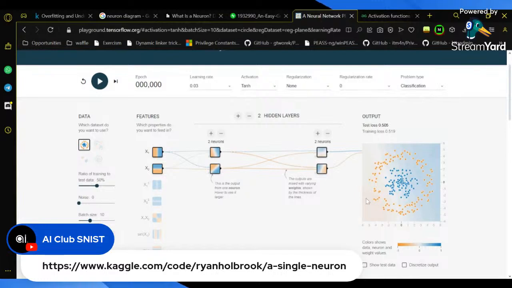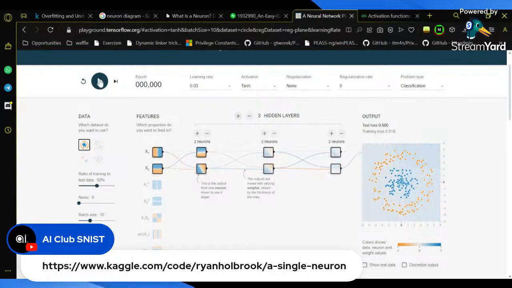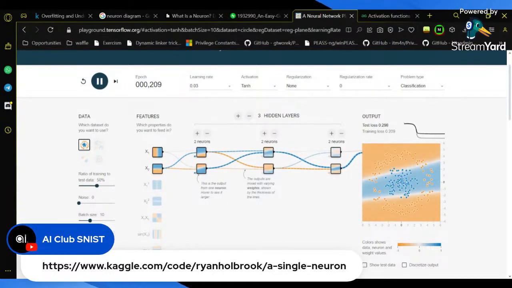Now this is a non-linear boundary. I'll just make it deeper. In the previous example, all these blue ones were made into one region, and we have one more region, but the boundaries of these regions are not good enough for me.